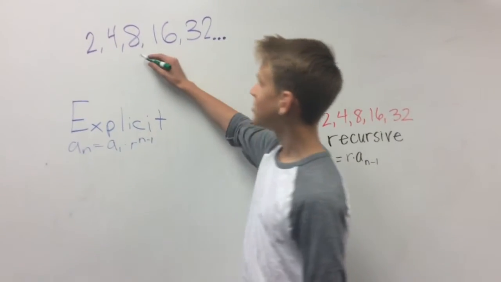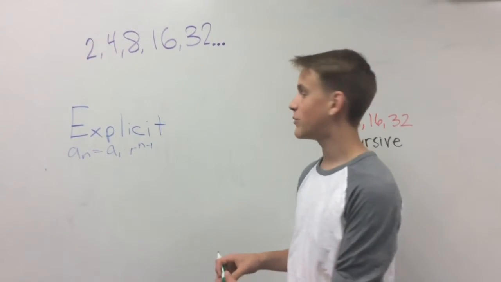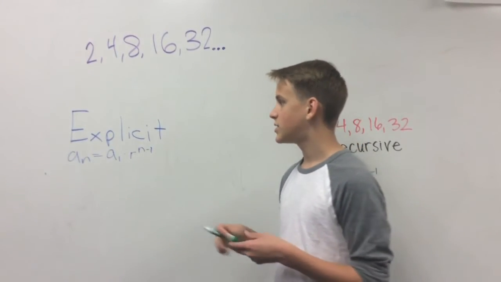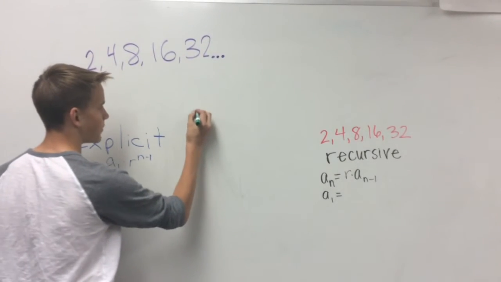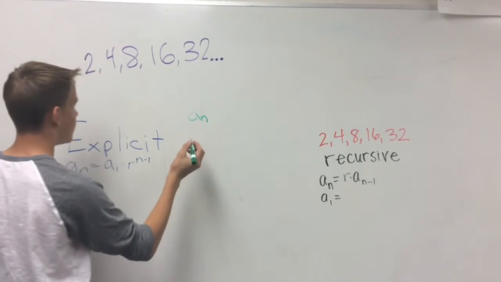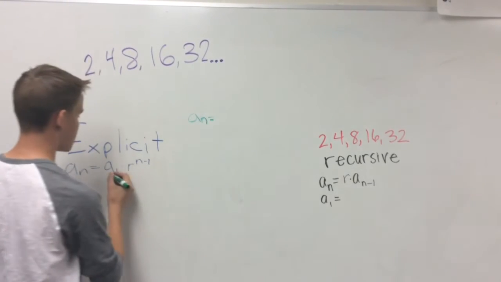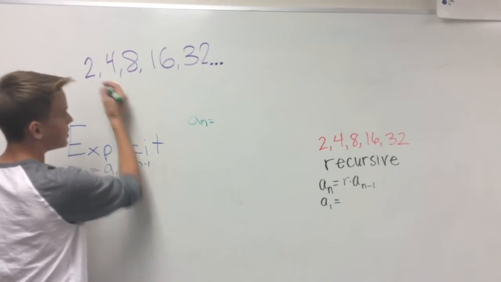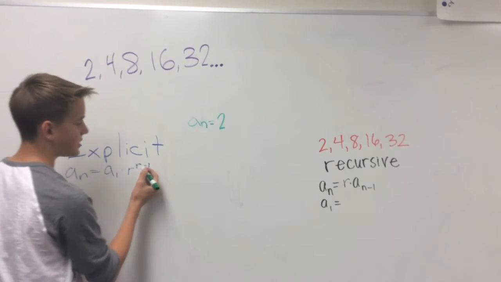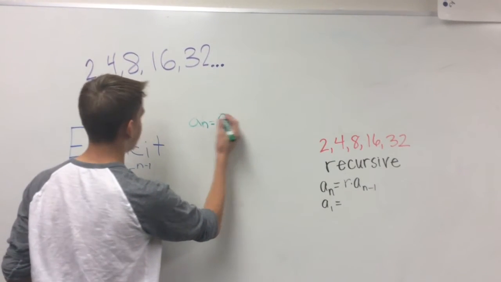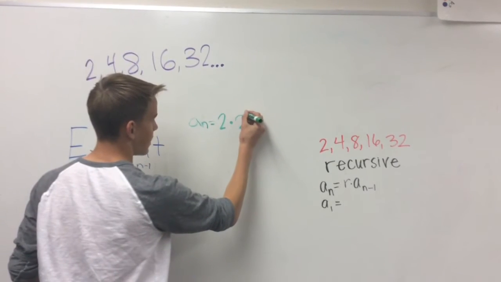So we know this is a geometric sequence because it is being multiplied by a common ratio of 2. And so right now we're going to learn about the explicit formula. How you're going to do that, you're going to do a base n, and that equals the first term, so a base 1, which is 2. And then you multiply that by r to the n minus 1, and the ratio is 2 to the n minus 1.